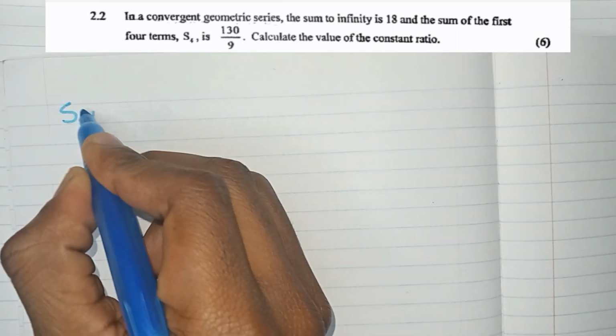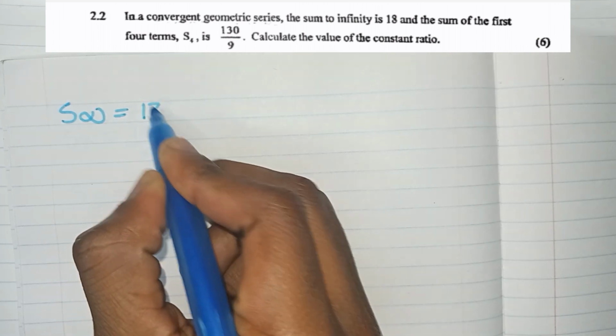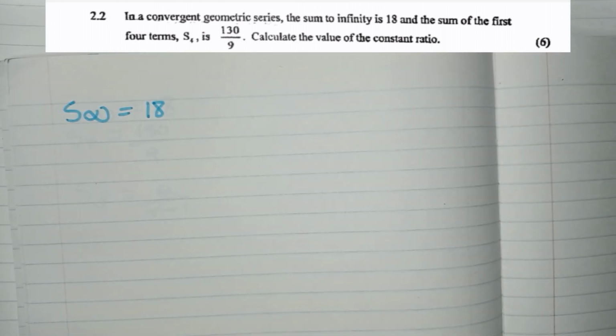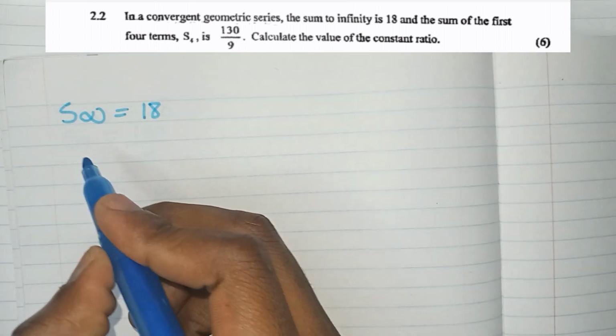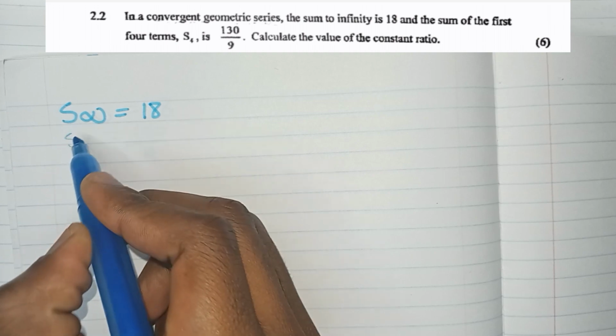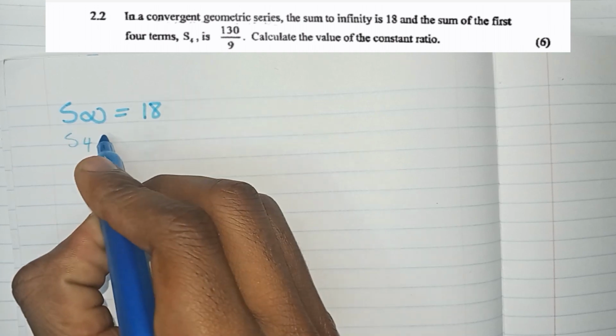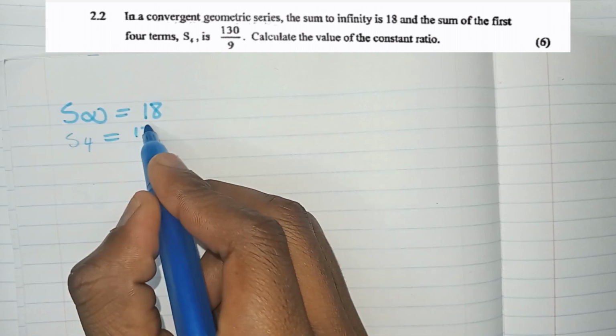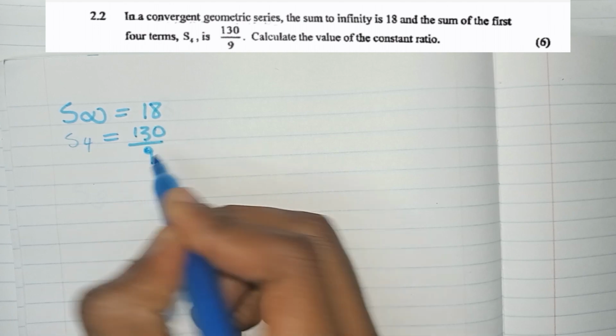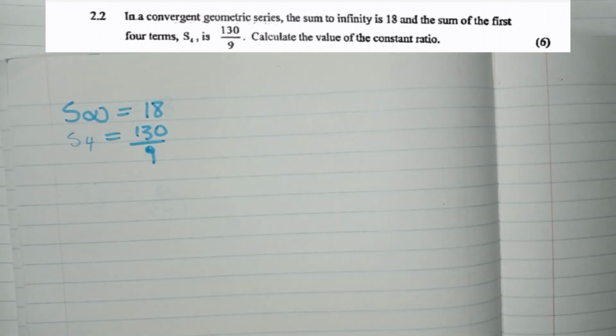S to infinity is equal to 18, and the sum of the first four terms is 130 over 9. So S of 4 is equal to 130 over 9. The question says, calculate the value of the constant ratio.